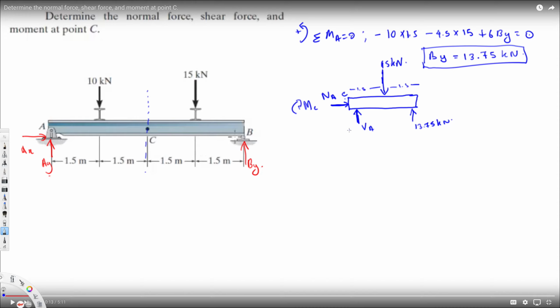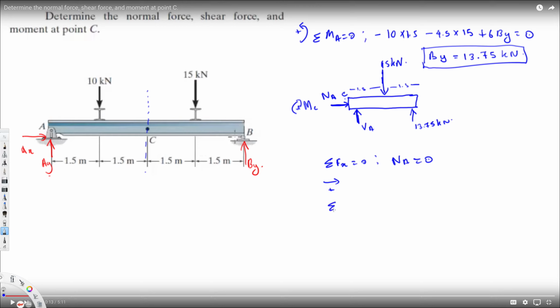Let's see what we can find from this one. We have NA as the only horizontal force, so if I take sigma Fx equals 0 and solve for this one, with this direction positive, NA is going to be equal to 0 because that's the only force. For VA, we have two other known vertical forces, so I can find VA.